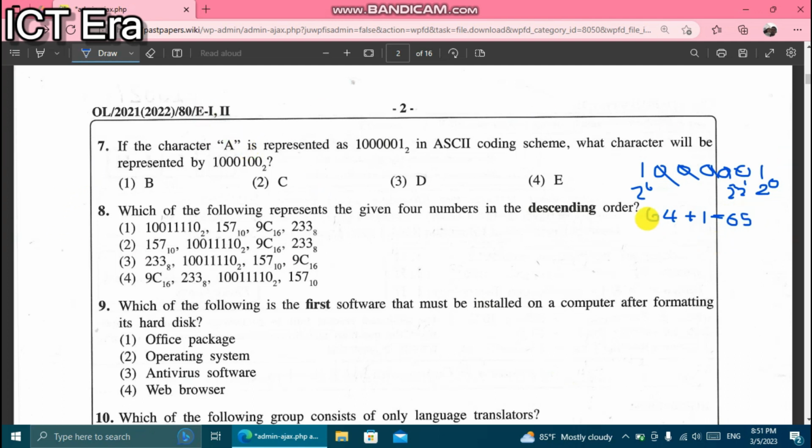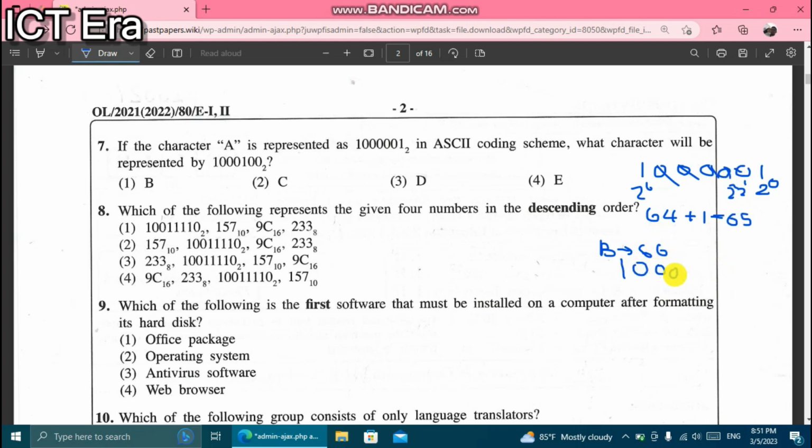Then let's see B. B means 66. To make 66, what should be 1 in here? Now this one should be right. Then here 0. Again a 0. 66 is actually formed by 64 plus 2.